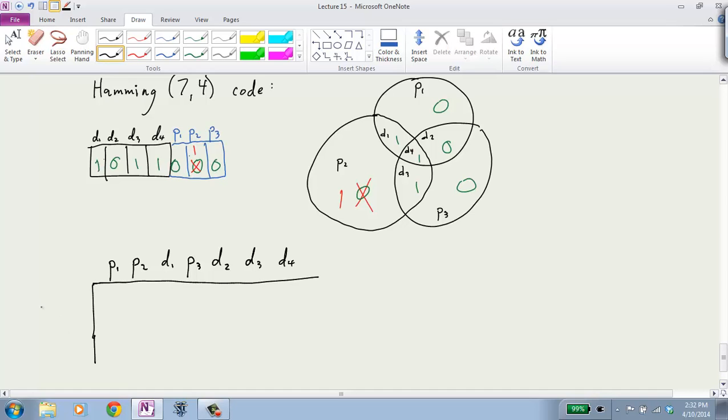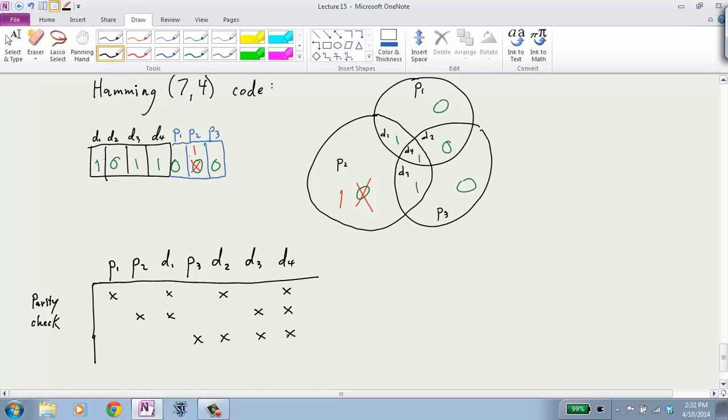The parity checks are the following. Every other one gets checked. And then you have this pattern. On two, off two, on two, off two, and then you have this one. So this is the same thing.